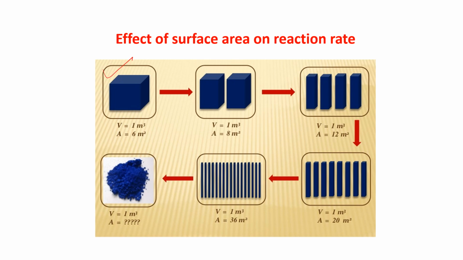There's a cube which has all sides of 1 meter. So its volume is 1 meter cube and its surface area is 6 meters square because it has 6 surfaces. Now I am just dividing it into 2 parts.